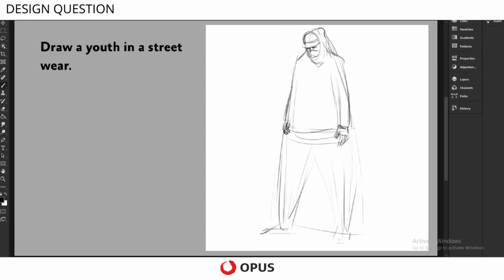So again, this is his structure of his cloth.